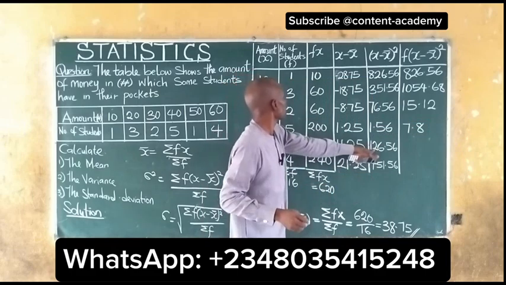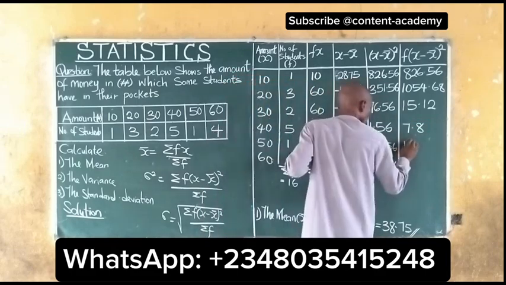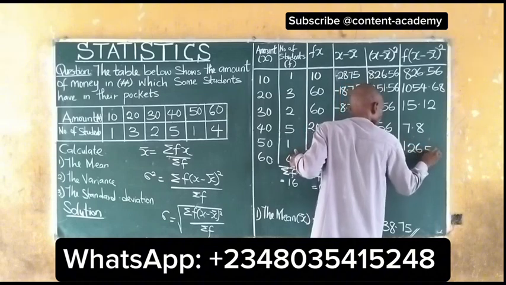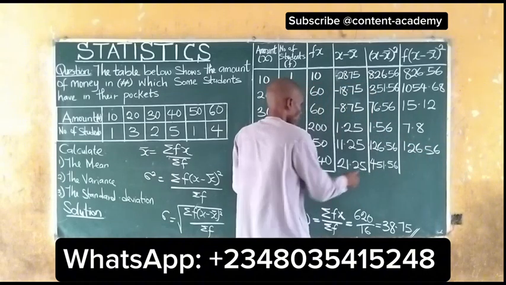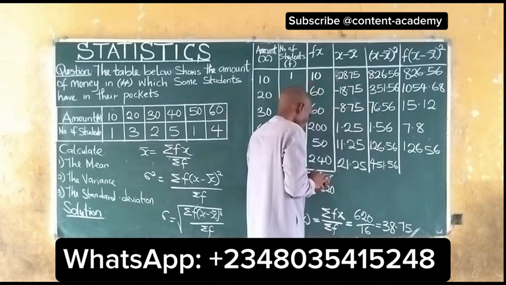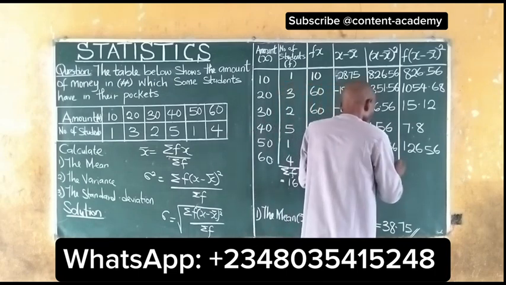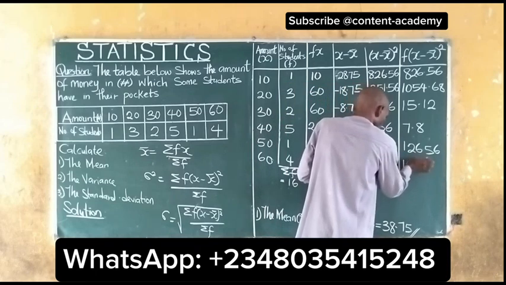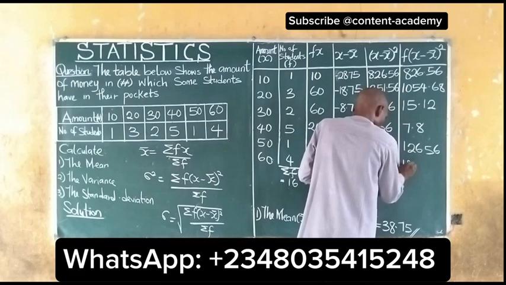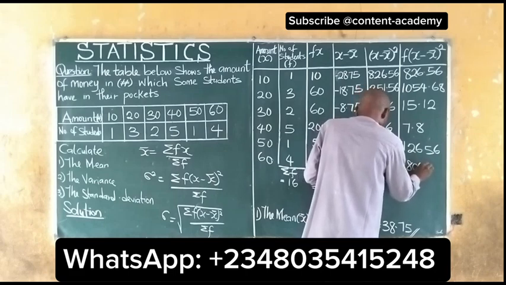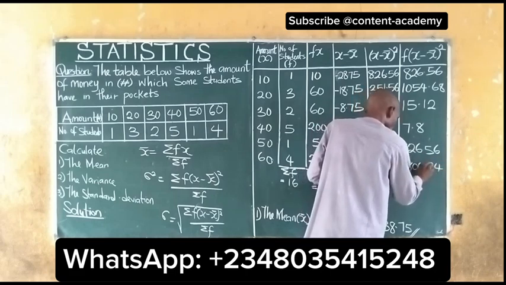And we have 1 multiplied by this, of course, we have 126.56, and we have 4 multiplied by this, 451.56. So we have 1806.24.